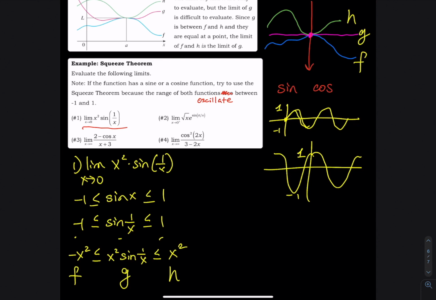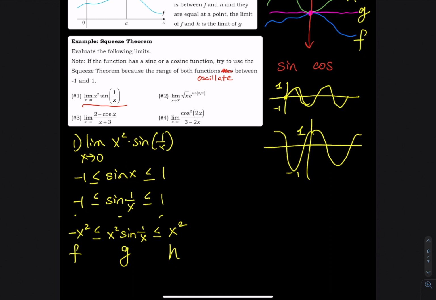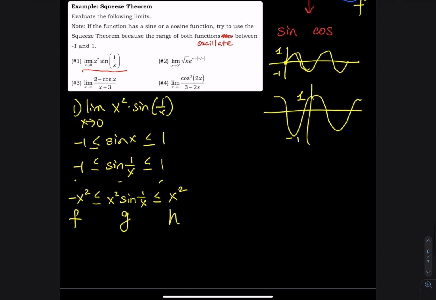Why do we have to do this? Because the limit of function g is very complicated. If you use no technique, it is impossible to evaluate what it is. However, the limits of f and h are easy. As x approaches 0, f, which is negative x squared, you can just plug in a 0, right?